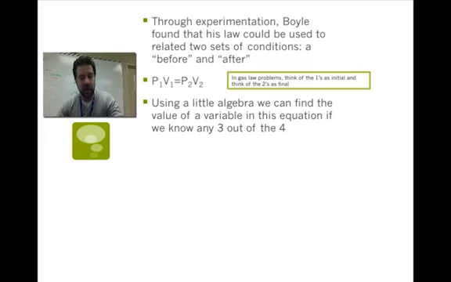So in other words, we have a before scenario and an after scenario. Using a little algebra, we can find the value of a variable in this equation if we know any 3 out of the 4. So here we have 1, 2, 3, 4 variables. As long as we have 3, we can always find that 4th.